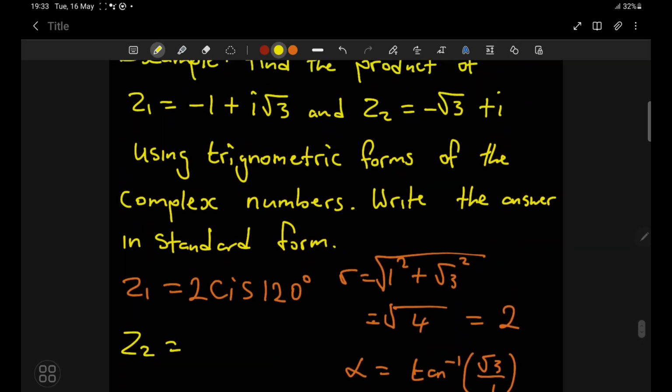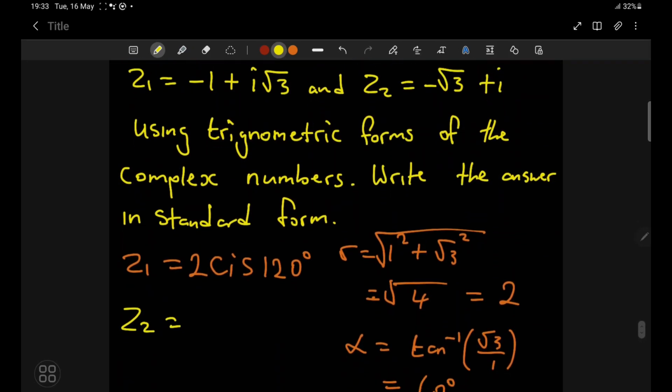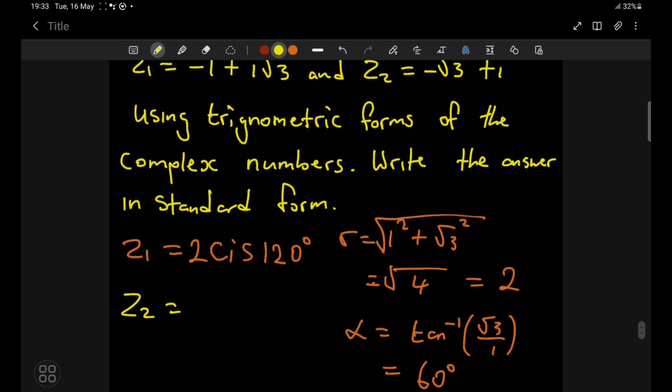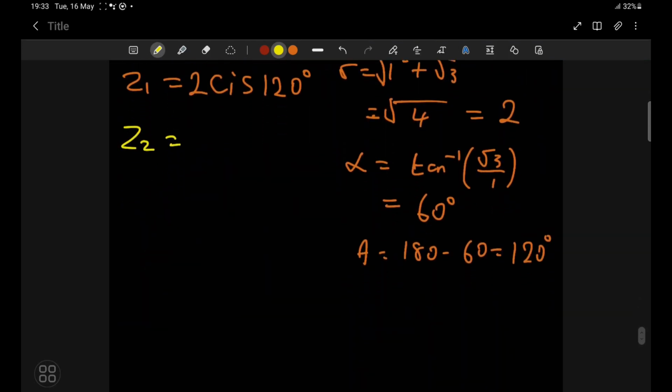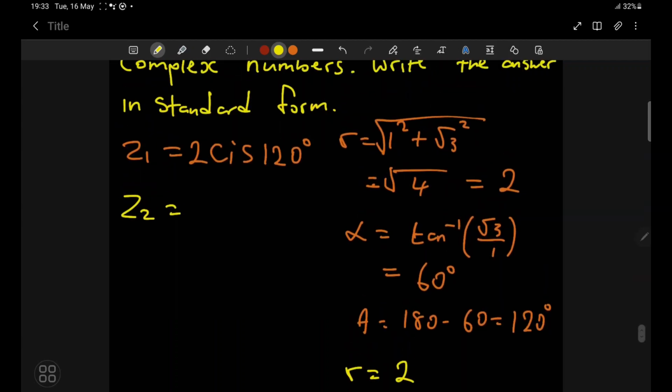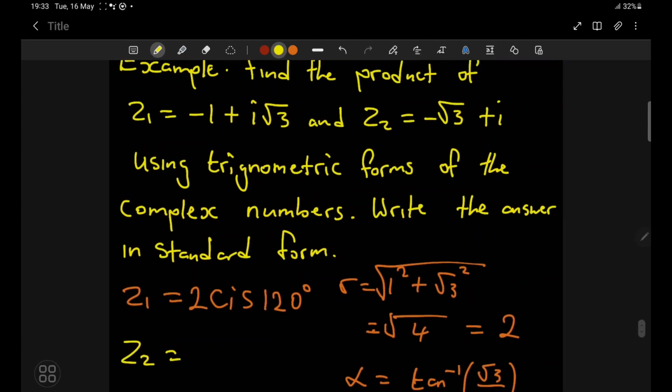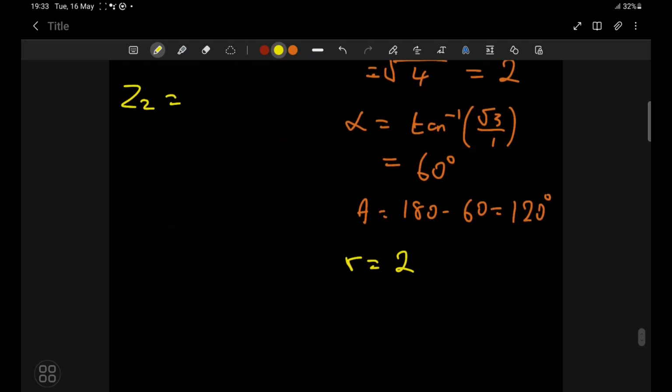Z2 we're having negative root 3 plus i. So for that one, our r will also be the same. r is 2, because we'll add the square of negative square root of 3 plus 1 squared, which is the same, to be 2.